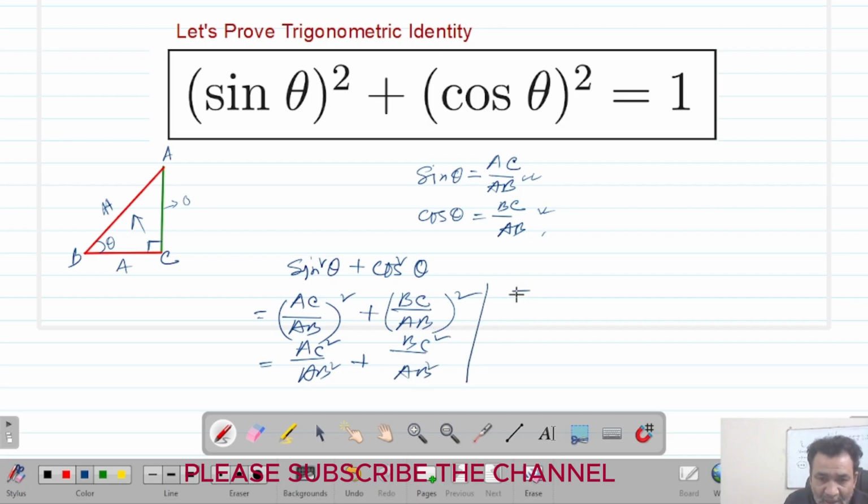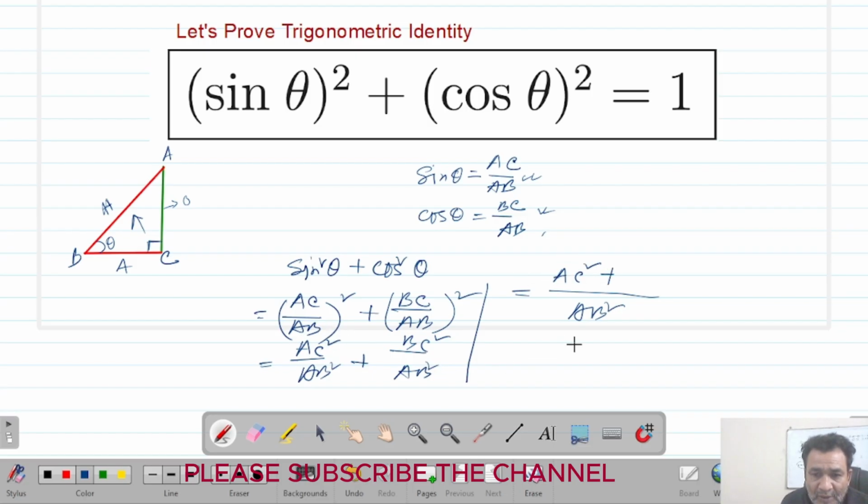If we simplify the denominator, then we get the LCM of AB square and AB square is equal to AB square. And if we divide AB square by AB square, then we get 1, and 1 multiplied by AC square is equal to AC square.